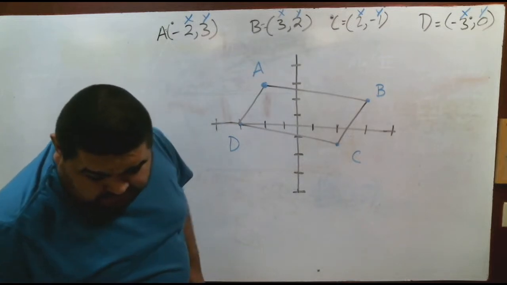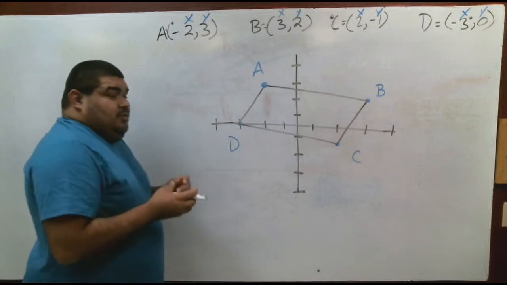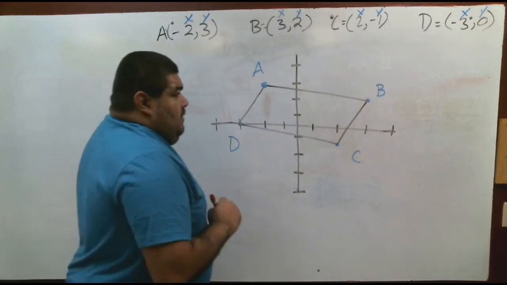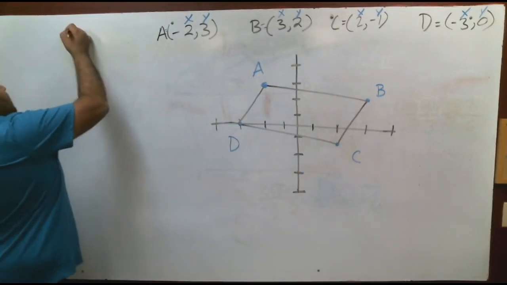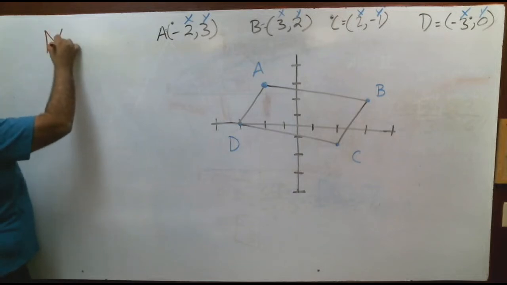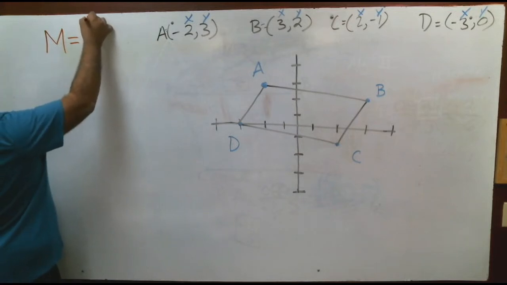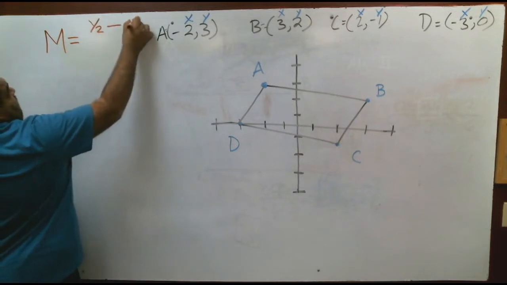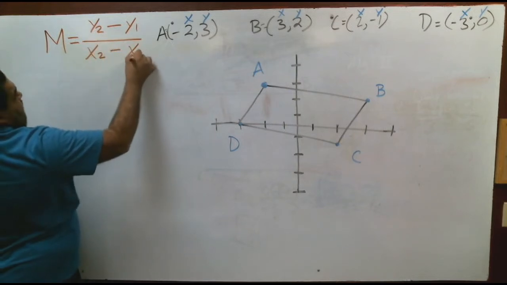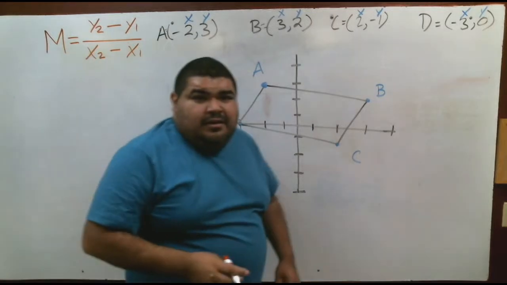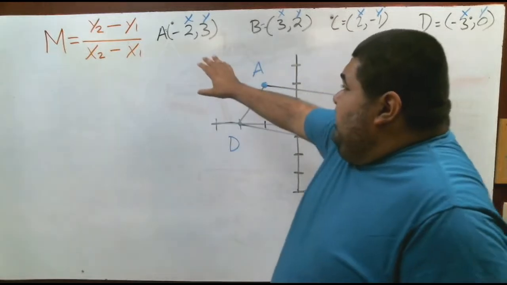If you don't remember how to use it, your formula is M equals y2 minus y1 over x2 minus x1. That's the formula for slope. We covered this a while back.